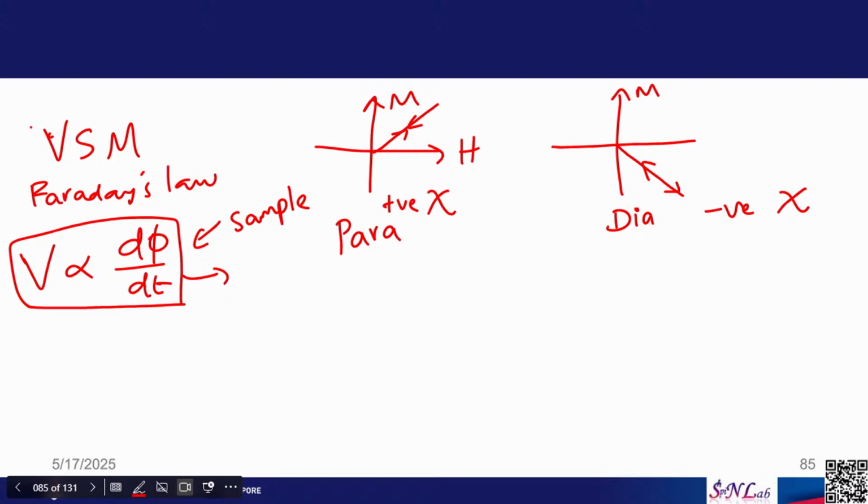And I also told you that if you want to distinguish between a paramagnet versus an antiferromagnetic material, you have to measure the chi as a function of temperature. So, basically you are looking at this slope for many different temperatures.